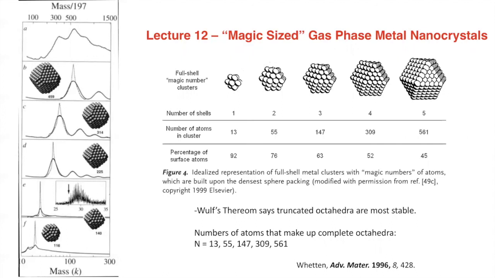So you see these closed facets, complete facets and corners, perfectly uniform geometrical shapes formed in the gas phase, where the next largest one is just the addition of one more shell of atoms. And that's consistent with this sort of Wulff's theorem picture.